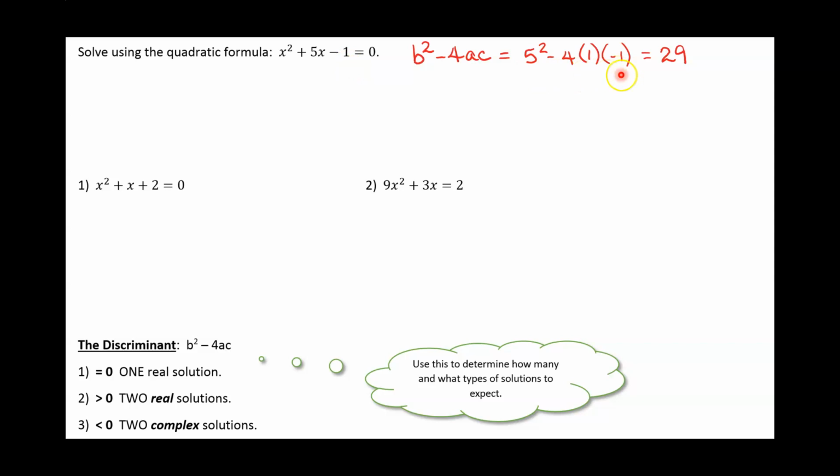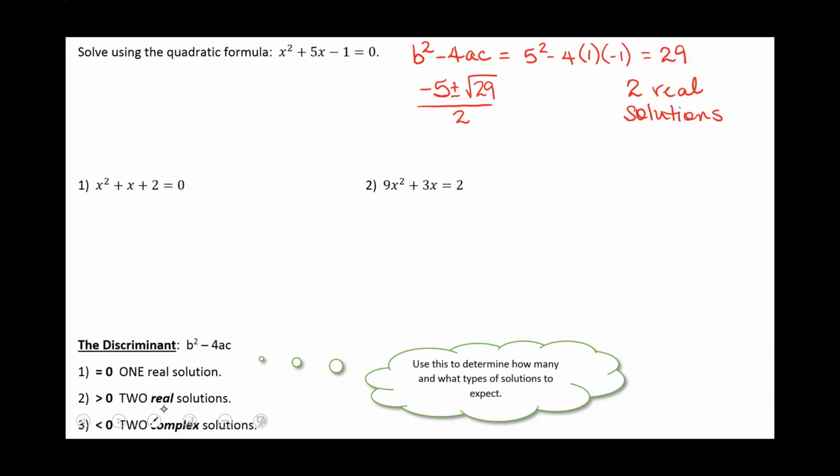So following order of operations, I would get 29 for that. So according to the discriminant, if the answer that I get is greater than 0, which 29 is, I should get 2 real solutions. And sure enough, when we solved that problem, that's exactly what we got. We got 2 real solutions.